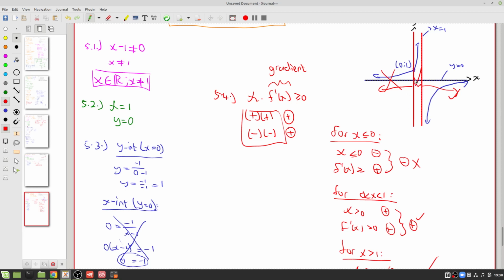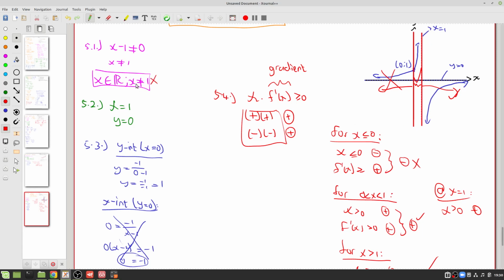Everything bigger than 0, except, we need to look at this one, except x equals 1. What happens at x equals 1? So let's just quickly check at x equals 1. Is x bigger than 0? Yes. X is positive. What about the gradient? What is the gradient when x is 1? Well, the graph doesn't exist there, right? We found that in the domain.